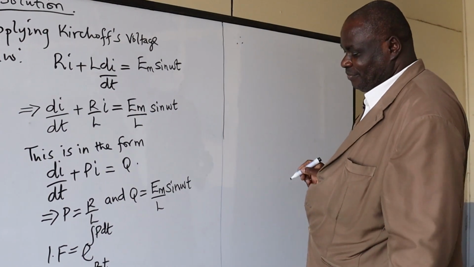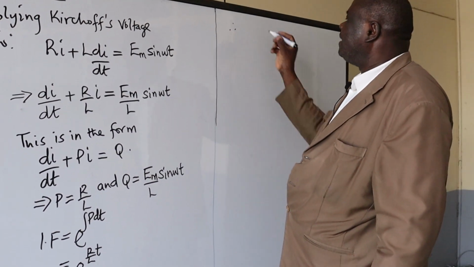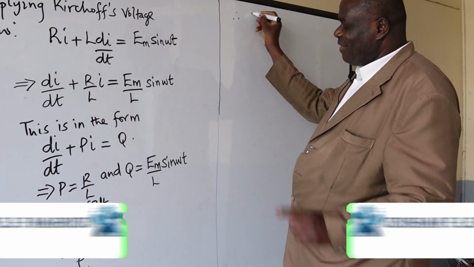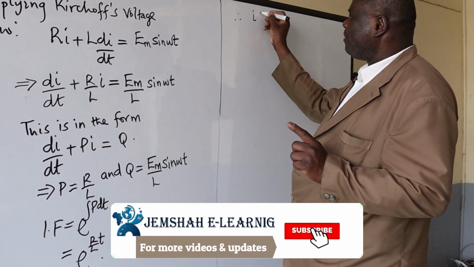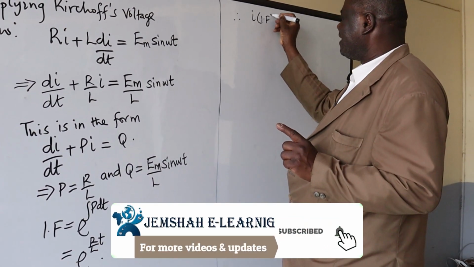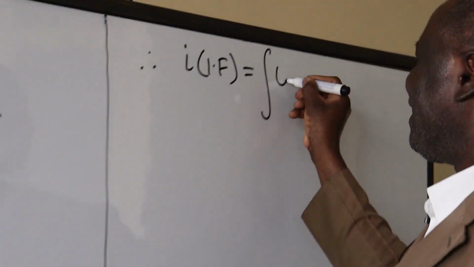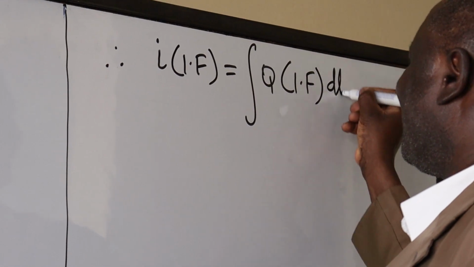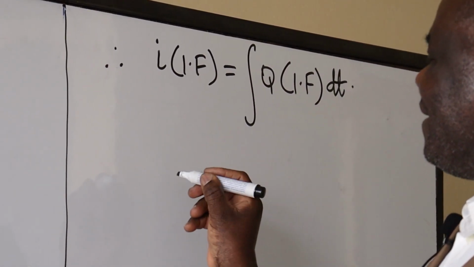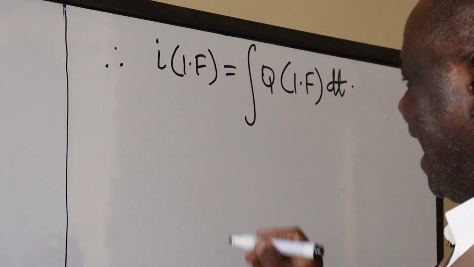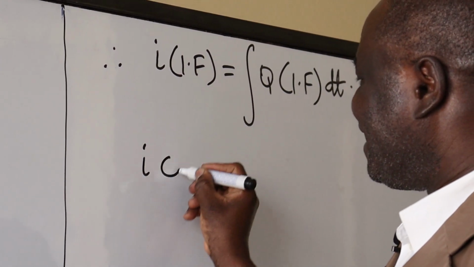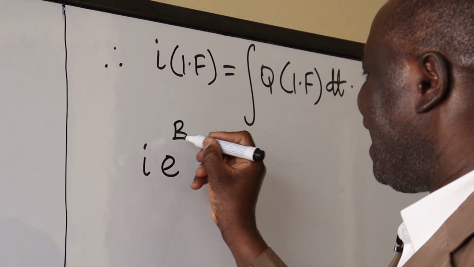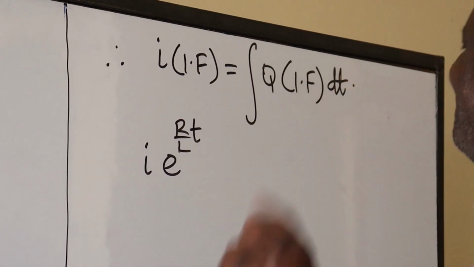Therefore, we are solving for i; i multiplying the integrating factor will be equal to the integral of Q multiplying the integrating factor, and we integrate with respect to t. Our integrating factor is exponential (R/L)t.